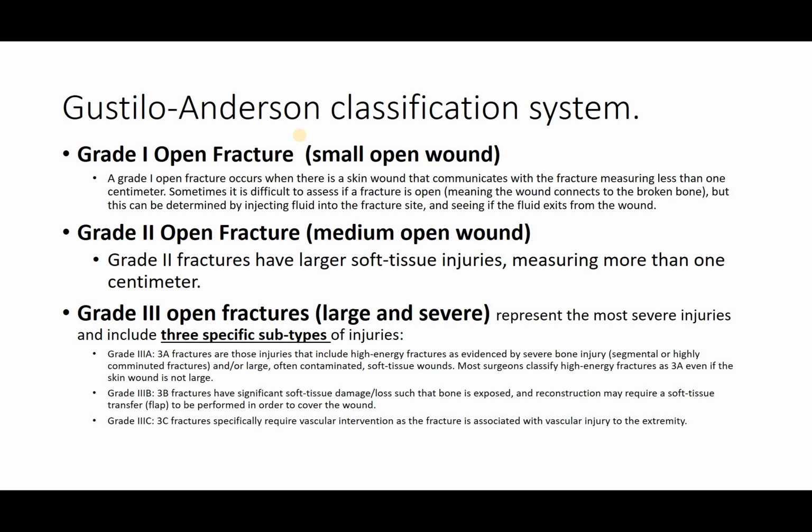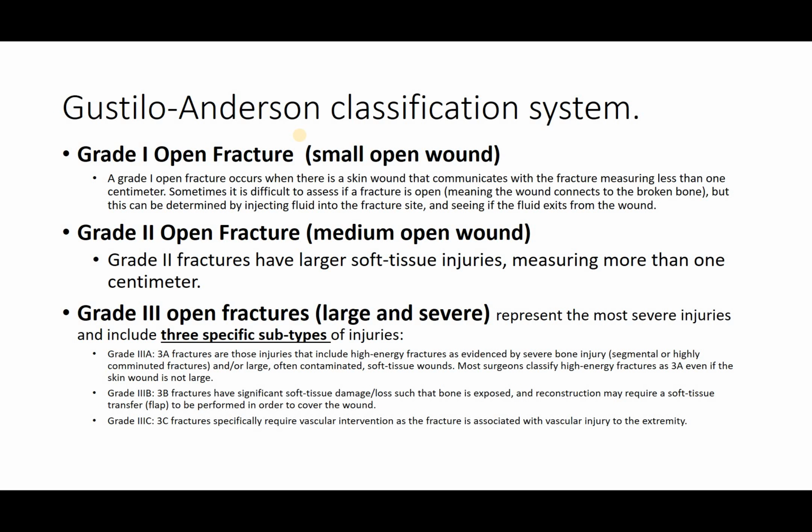In general, now keep in mind this is in general, they classify it into 3 classifications. And in parentheses there, those are my terms just to keep it simple. So grade 1 open fracture is basically a small open wound, not that severe. I mean, granted, all the open wounds and fractures, yes, that's horrible, it's painful, it's disturbing, and all that.